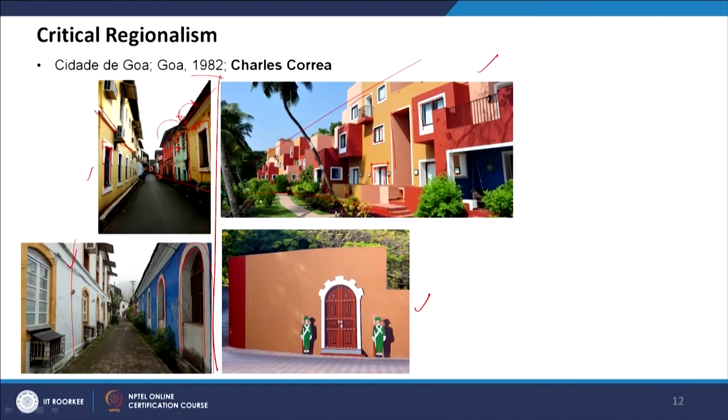More or less a similar color palette was used with some accentuation, darker color tones, and sometimes this blue, which is also used in the Portuguese colony, and most of these colors are taken from the Portuguese colony's buildings. So these colors are quite similar and taken directly from the Portuguese colony.